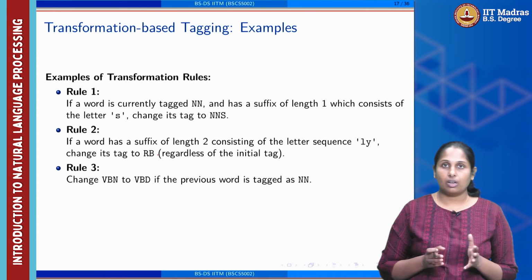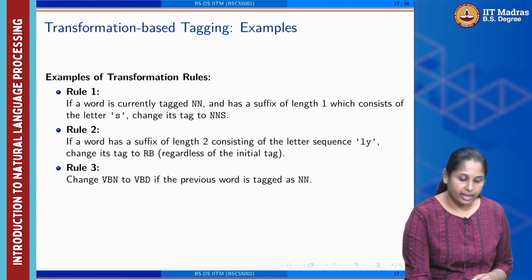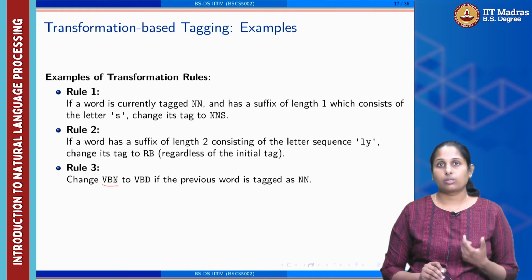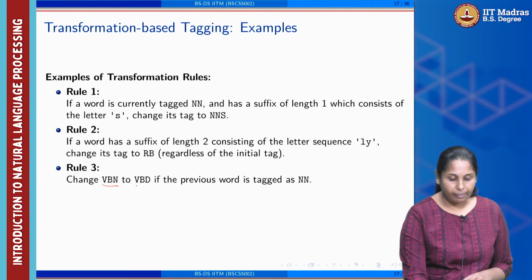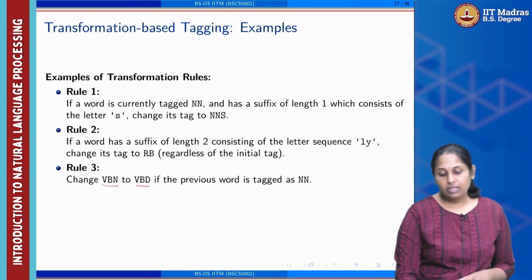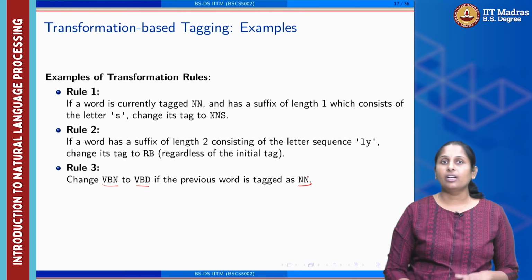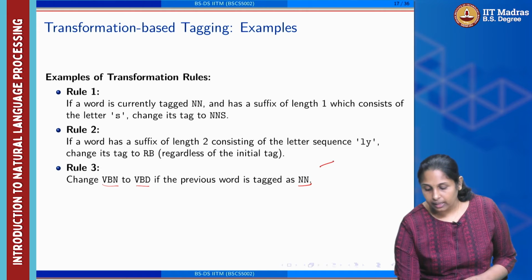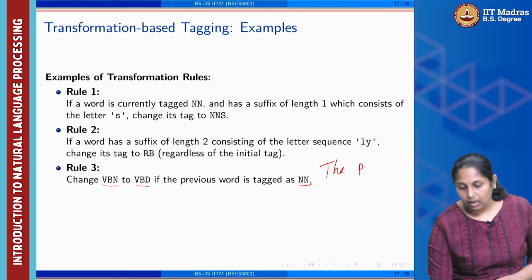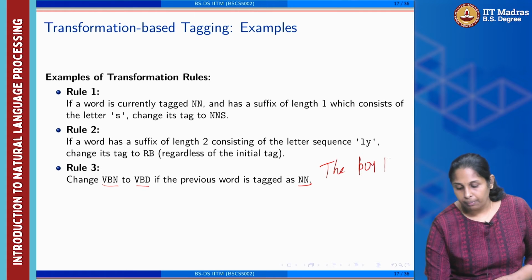And change a particular category like VBN, that's a participle form, into the past form if the previous word is a noun, right? So for example, the sentence like the boy played versus the boy has played.